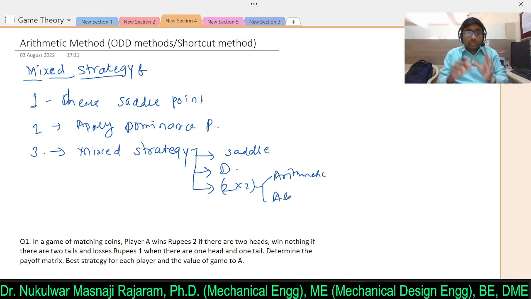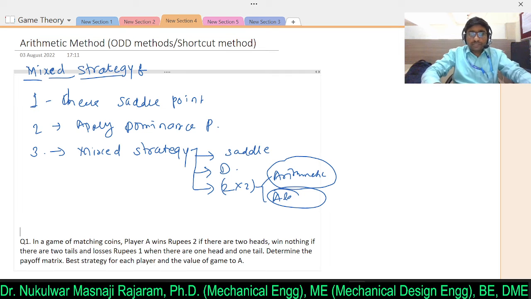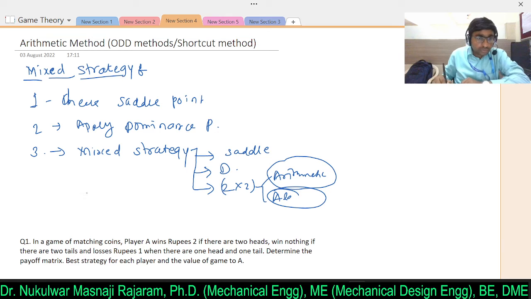Okay? So today we are going to see the arithmetic method, which is the easiest method as compared to the algebraic method. Clear? So to explain this arithmetic method, or shortcut method, I am going to explain one numerical. Here if you observe, in a game of matching coins, player A wins ₹2 if there are two heads.